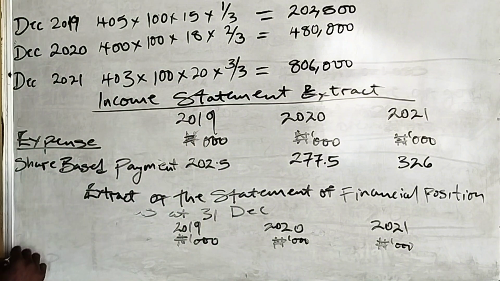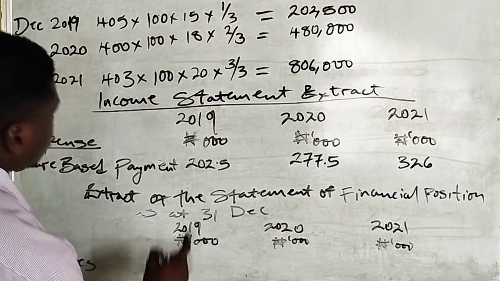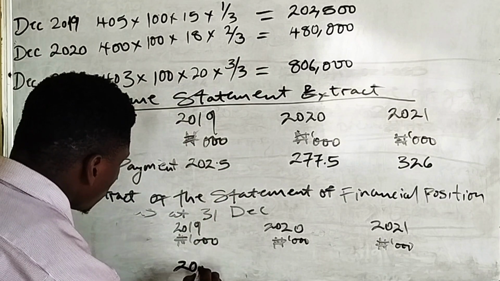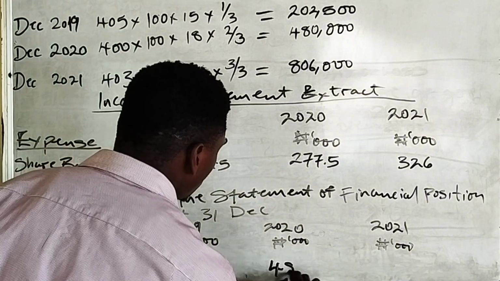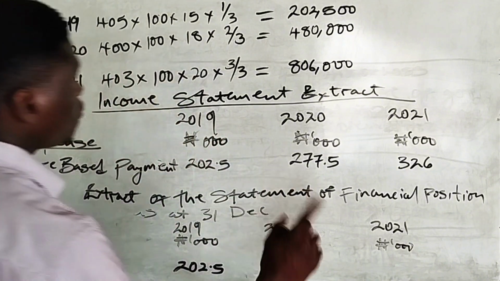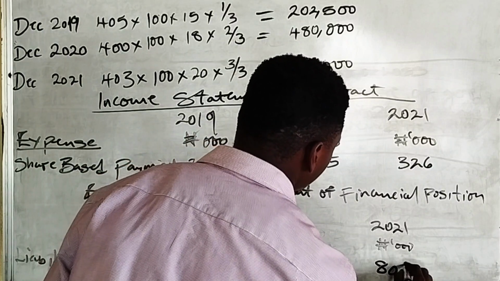So we have liabilities, which in year 1 we have 202,500. Year 2 we have 480,000. Remember, the statement of financial position is a carry forward statement. Then in year 3 we have 806,000.